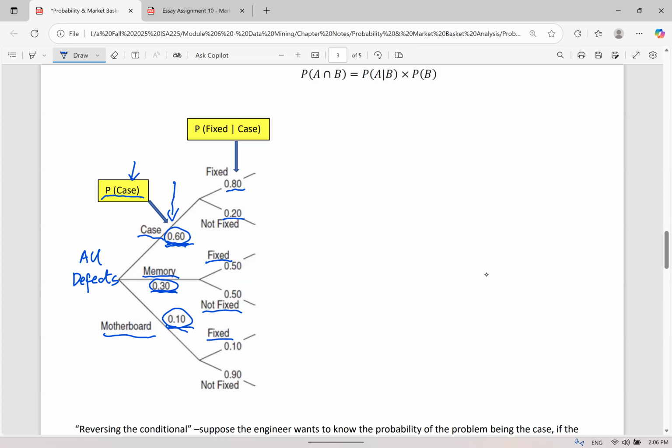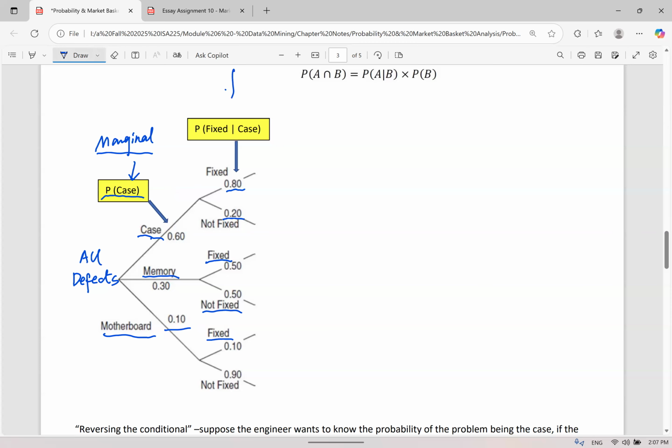When we care about only one event, it is a marginal probability. This is the marginal probability for the case alignment defect, this 30% is the marginal probability for the memory defects, and this 0.1 is the marginal probability for the motherboard problems.